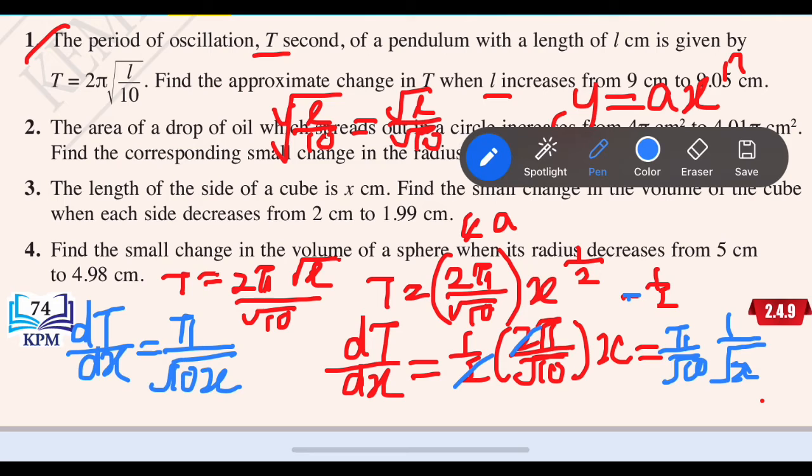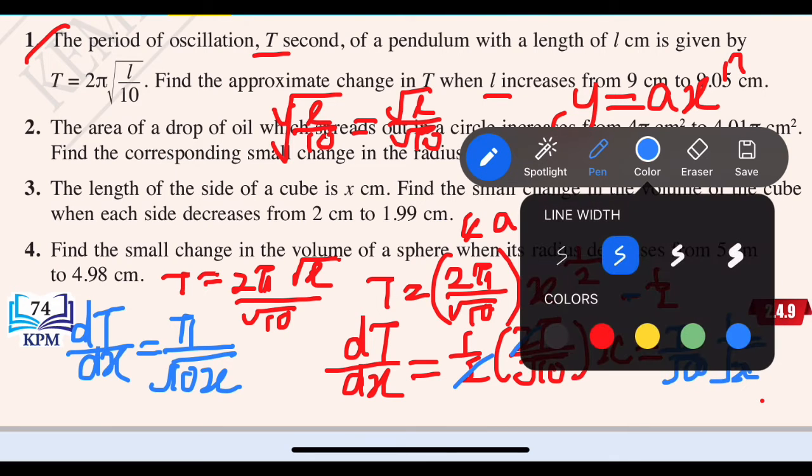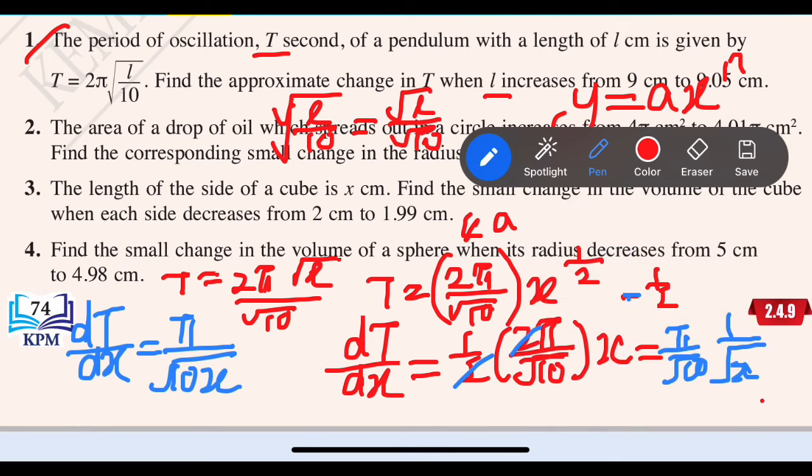So after I differentiate, dt/dL is pi over square root of 10L. I will substitute the L value, which I call x here. The original value must be used for the dt/dx. You must use the original L, which is 9.